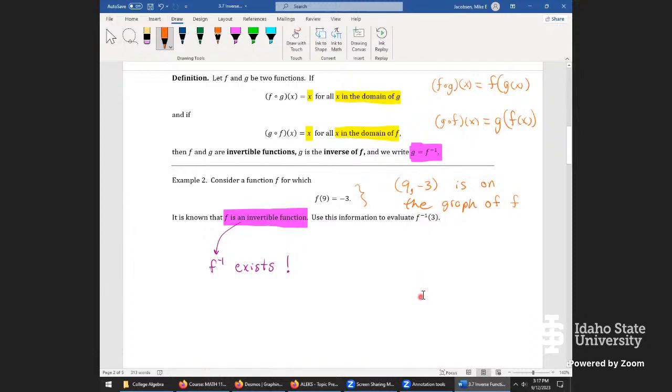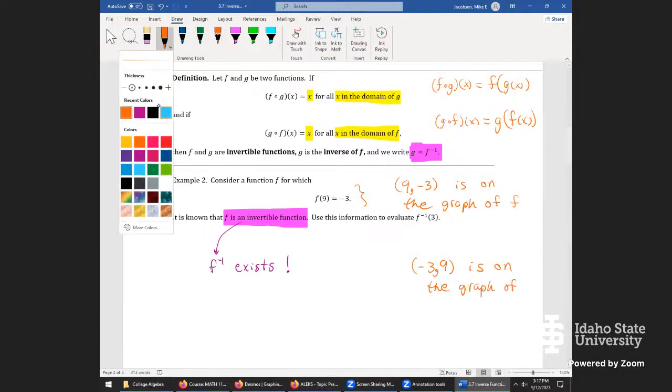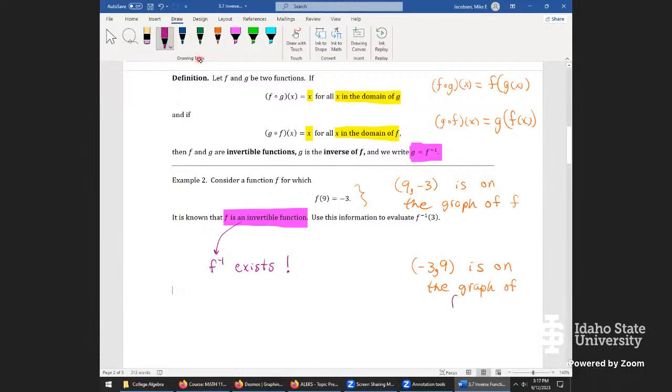So (-3, 9) is on the graph of the inverse function, f inverse. So that's what's going to happen with this value here.